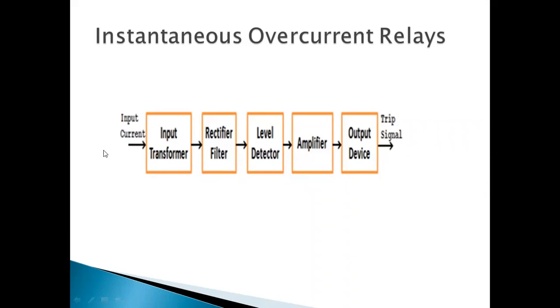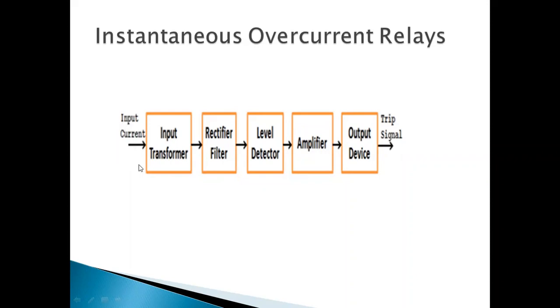Here the input current is taken from the current transformers. For that you should first know the relay circuit diagram. How are we taking the supply? We take supply from the transmission line or any power system by using the current transformer or potential transformer.